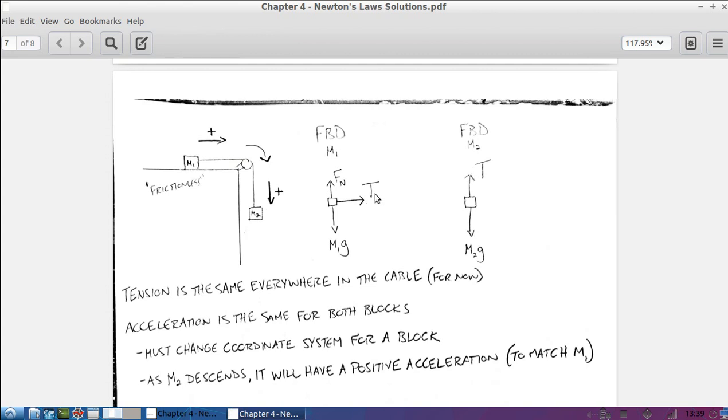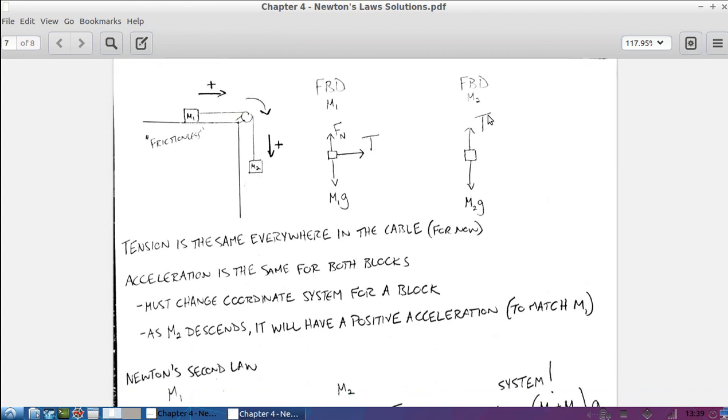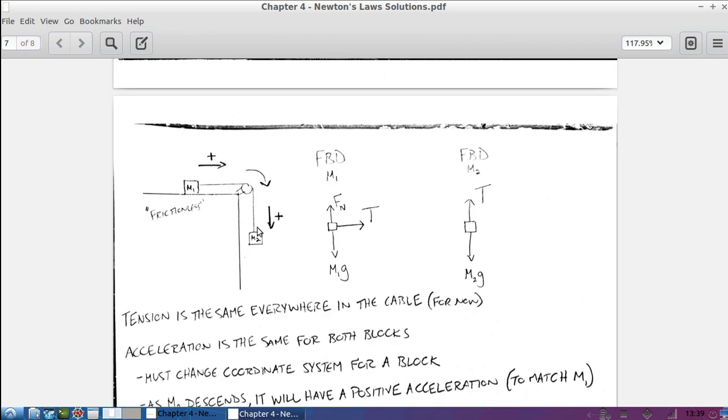Again, tension is the same everywhere, for now the same on this side of the pulley and this side of the pulley. The acceleration of the two blocks is going to be the same. They're connected by the cable, so they're going to have the same acceleration. So M2 is going to move in the y direction and M1 is going to move in the x direction. But I want all my signs to match up, so I have to pick a coordinate system that's different for one of the blocks.